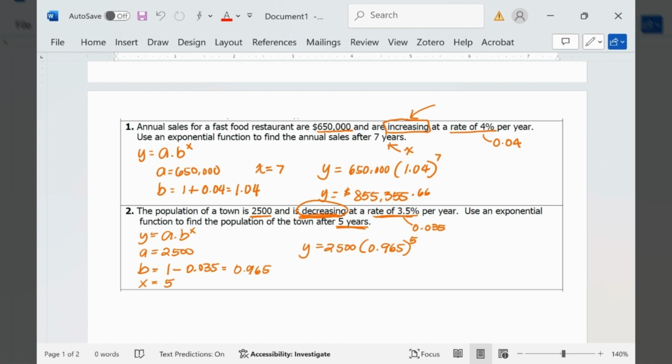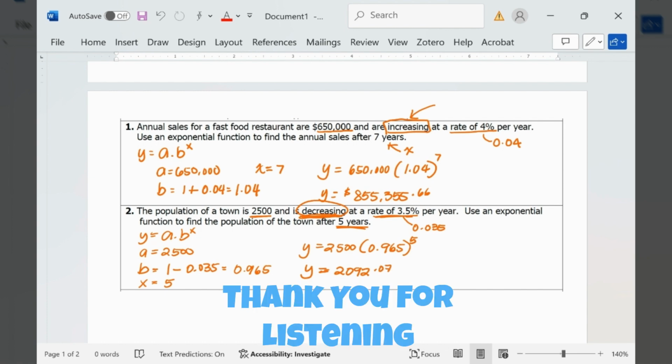So I'm going to type it in my Desmos, parenthesis, 0.965, close parenthesis, raised to 5. So in 5 years, the population will decrease to 2,092.07. So if this is a real life application, your value will be 2092. Thank you for listening.